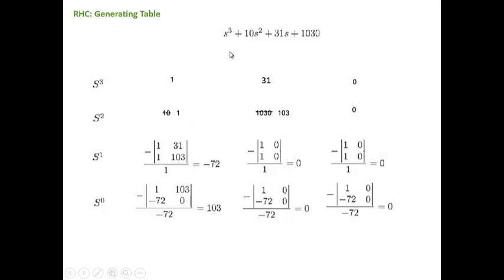So kita ada 1, 31, then 10, 1030, dan juga 0, 0. Null, tak ada apa.